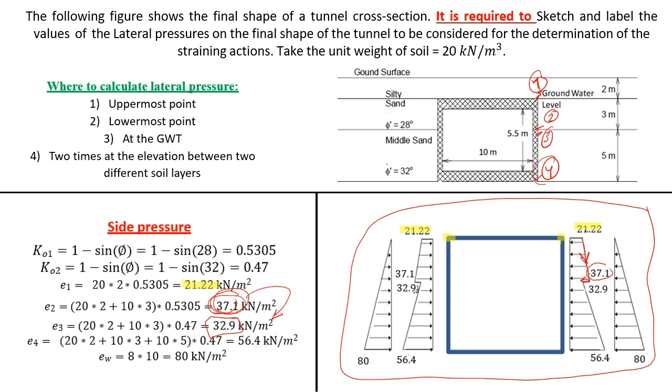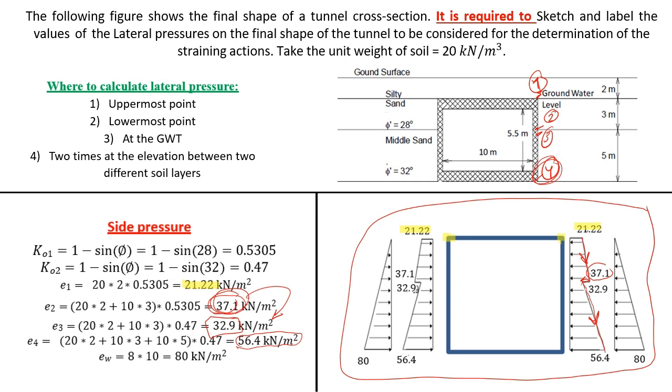Then finally, at the lowermost point of your retaining structure, which is point number 4, you have a lateral earth pressure of 56.4. So you will come from 32.9 to 56.4, a linear increase until you reach the lowermost point of your underground structure. This is for your lateral earth pressure at rest.